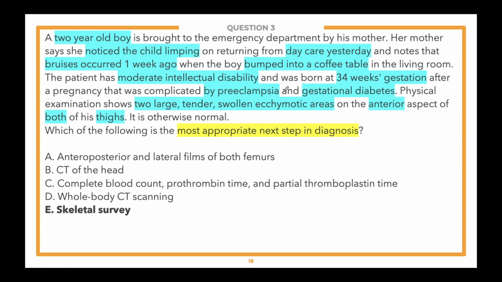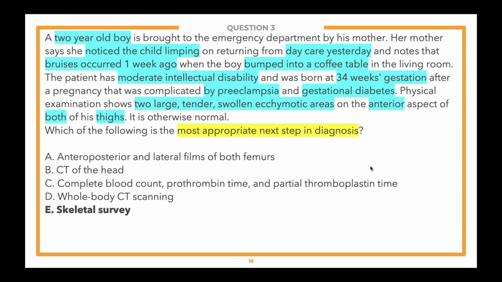Okay, a CT of the head. There's really nothing here specific about head trauma, so I don't know if that would be the most appropriate next step. And you could consider X-rays of the femur. However, keep in mind that would only show you any fractures of the legs.